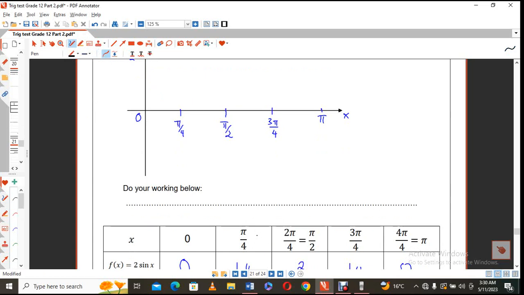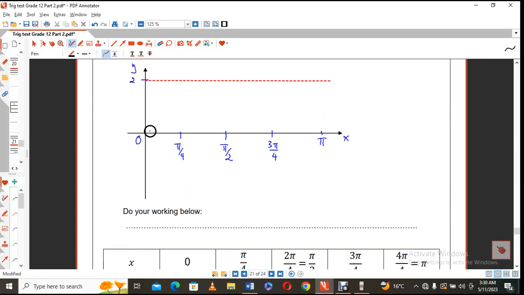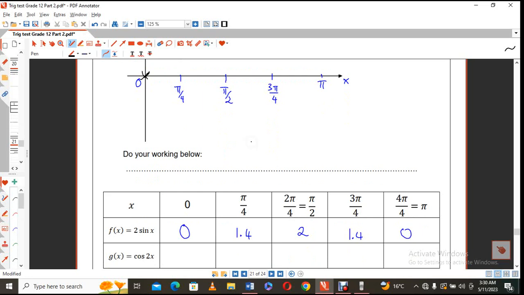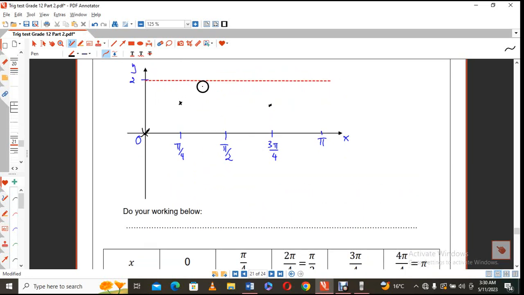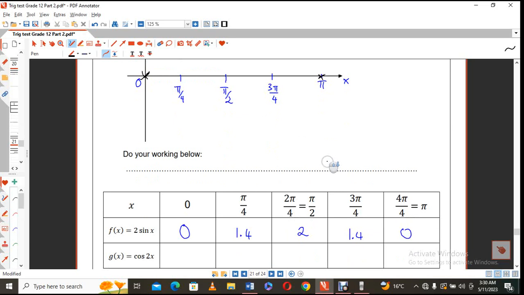When it's 0, it starts off at 0, like all basic sine functions. When it's pi over 4, it's about 1.4. So if 1 was here, 1.4 would be somewhere over here. I can get more or less the same for the other one. Half pi is 2, so that goes and clocks over there, and when it's pi, it is 0 when you look at my table.